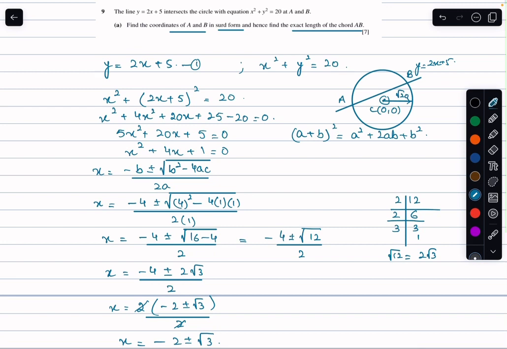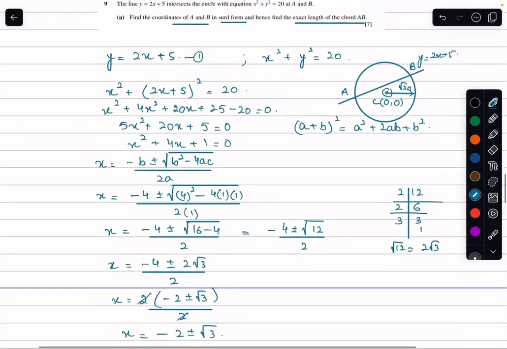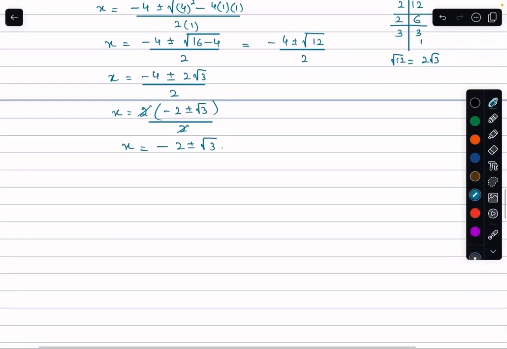Now for the y coordinates, the equation was y equals 2x plus 5. So I will be substituting this in y equals 2x plus 5, which is the original equation of the chord or the line. This becomes 2 times negative 2 plus minus under root 3, and then plus 5. I will be solving it twice, once with the negative sign and the other with the positive sign.